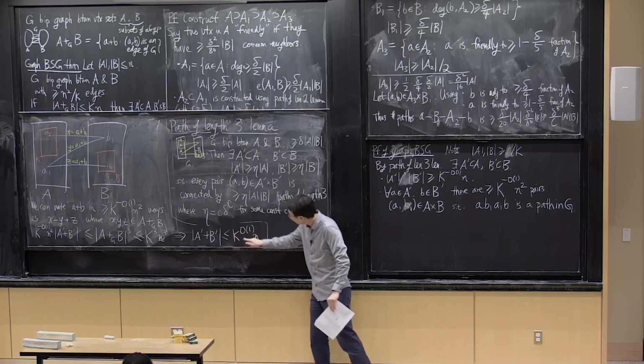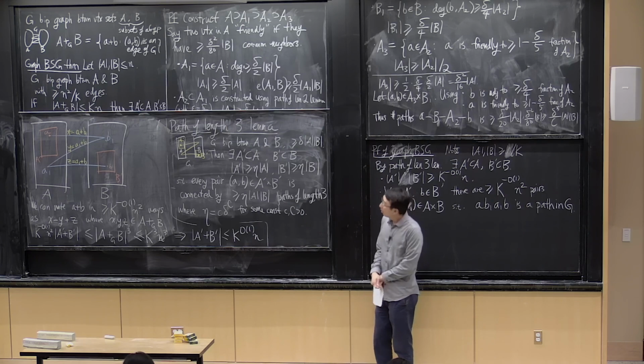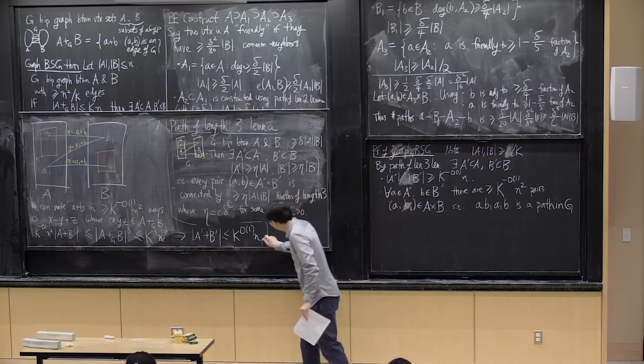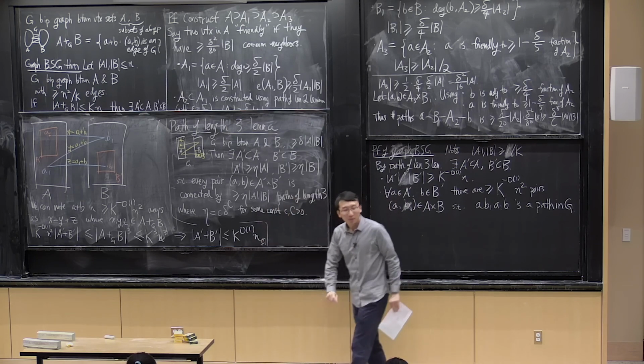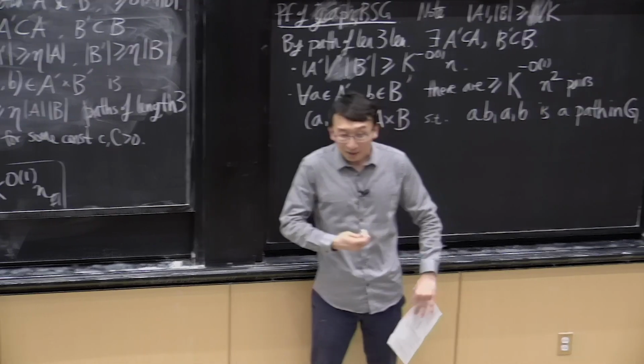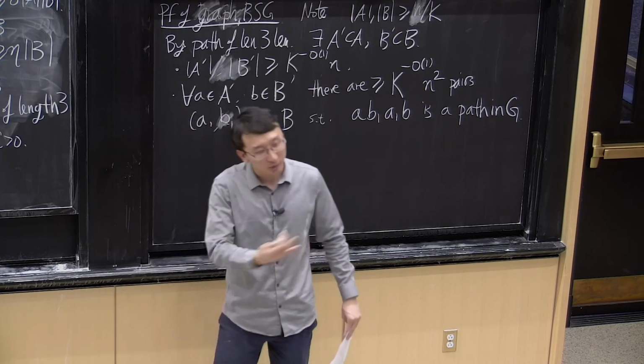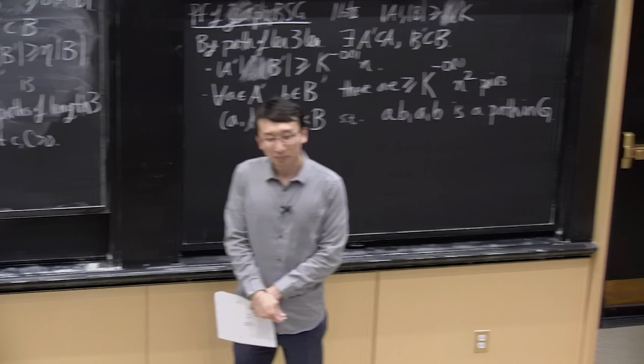So it's at most k to the big O 1 poly k times n. All right, so that proves the graphical version of Balog-Szemerédi-Gowers. And because we showed earlier that the graphical version of Balog-Szemerédi-Gowers implies Balog-Szemerédi-Gowers, this shows the Balog-Szemerédi-Gowers theorem.